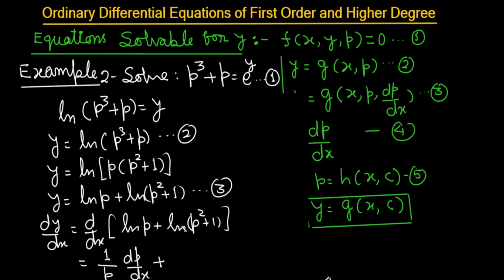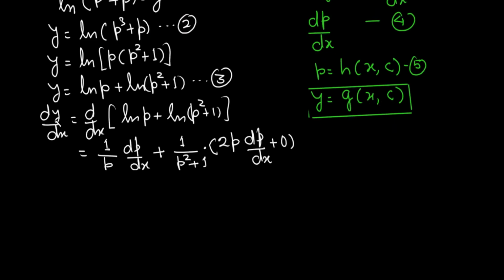Plus similarly here, derivative of log of p square plus 1 with respect to x, chain rule. Derivative of log, this will be 1 over p square plus 1, and then derivative of p square plus 1, p square, again chain rule, gives 2p dp over dx, and plus derivative of constant 1 is 0.